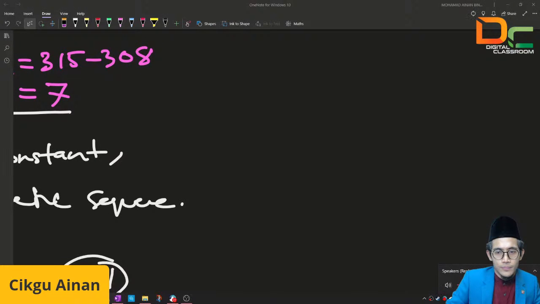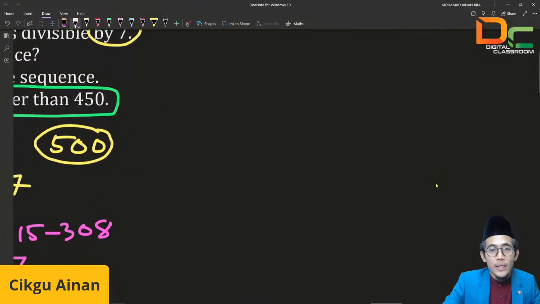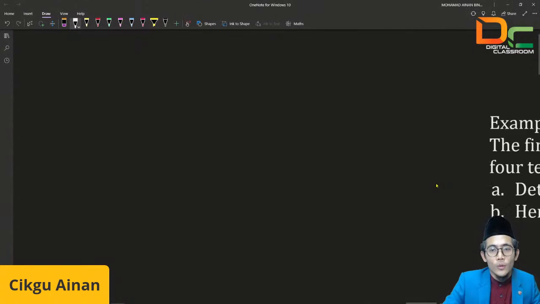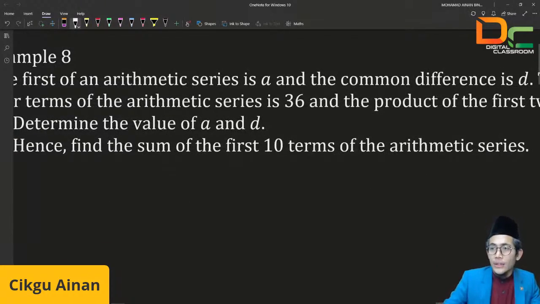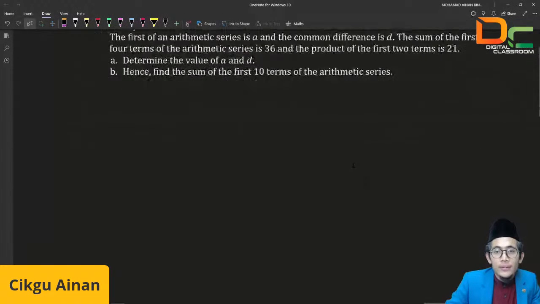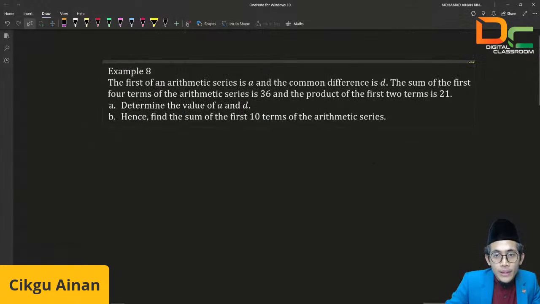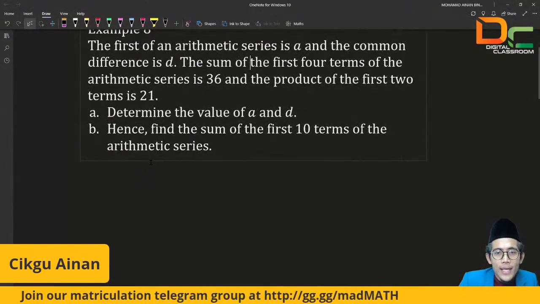Okay, so we go to the question number 8. Alamak. Ini tak boleh ni. Saya kena zoom out ni terpaksa. Or maybe I just cram them like this. And then zoom scan.